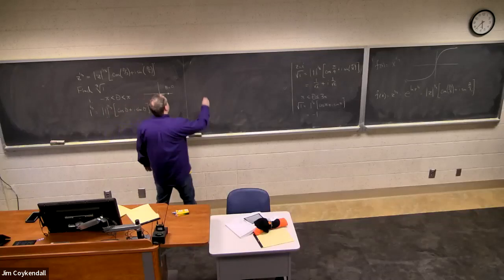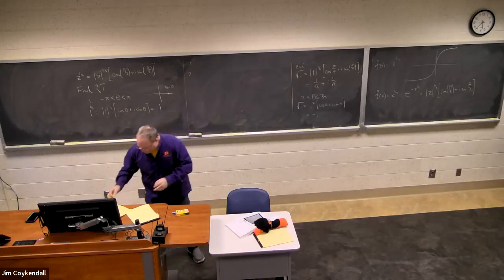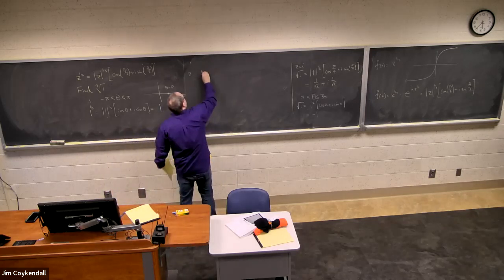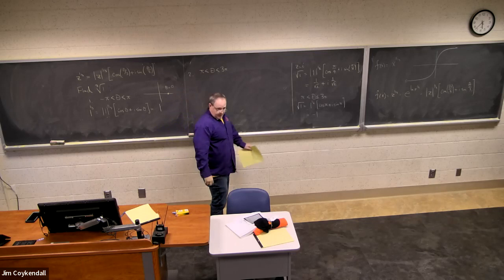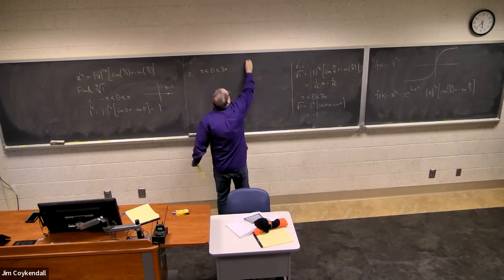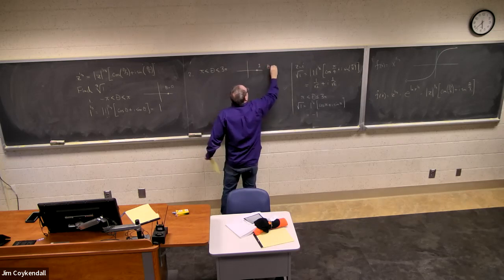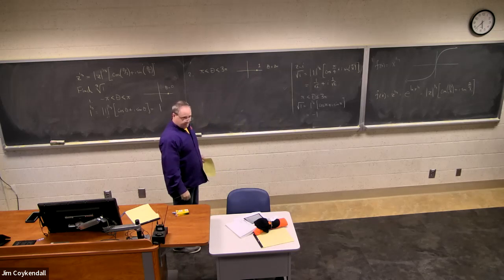But if you pick the next choice of angles, then at 1 theta is 2 pi. Everybody agree with that?